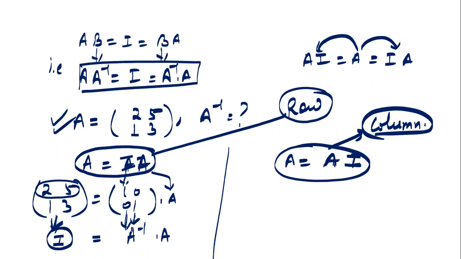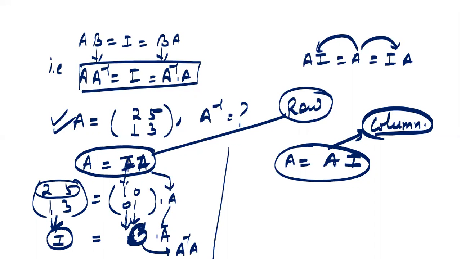Say this is the B matrix and this will be actually A inverse. A into B will be I, and if the multiplication of those two matrices is identity matrix, then this is the inverse of the given matrix.